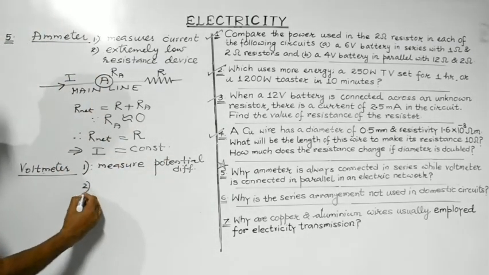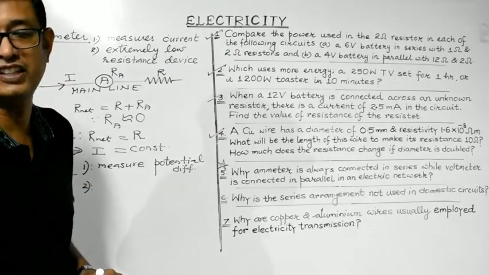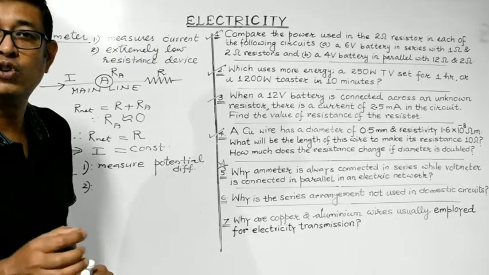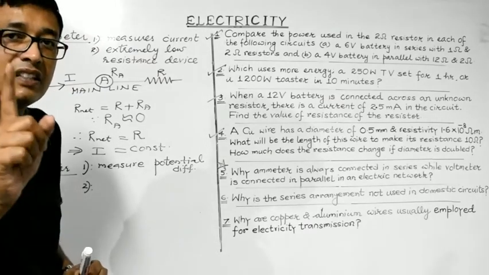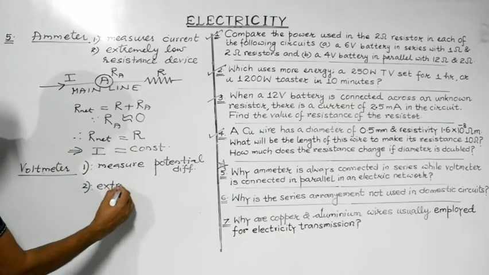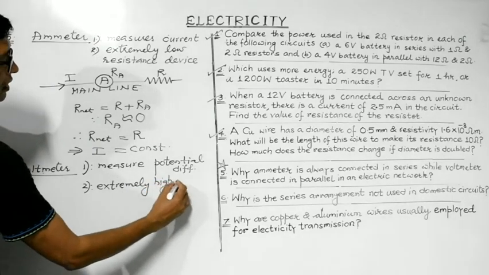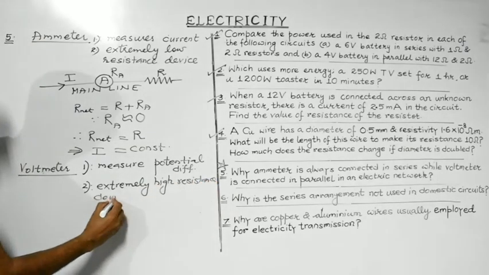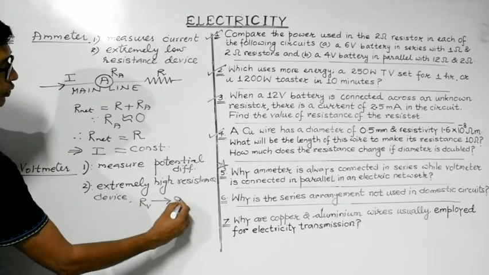And second, students, a voltmeter is an extremely high resistance device. The resistance of an ideal, that is perfect voltmeter, is infinity, right? So, the resistance of a voltmeter approaches infinity.